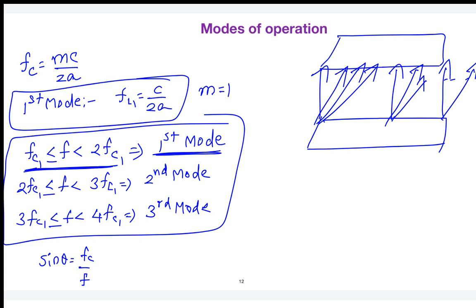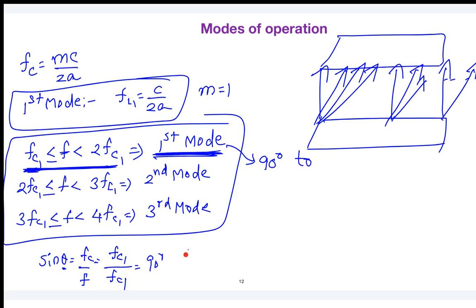When you see the first mode, what is the wave angle for f equal to fc1? When the frequency is the same as the cutoff frequency, your cutoff frequency is fc1 and the frequency is also fc1, so what wave angle do you get? 90 degrees. So in the waveguide, the wave angle ranges from 90 degrees down to what happens when the frequency approaches 2fc1.